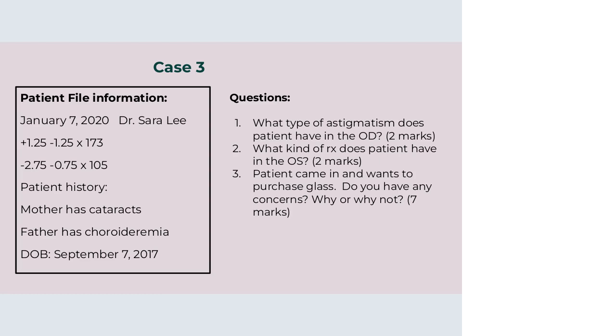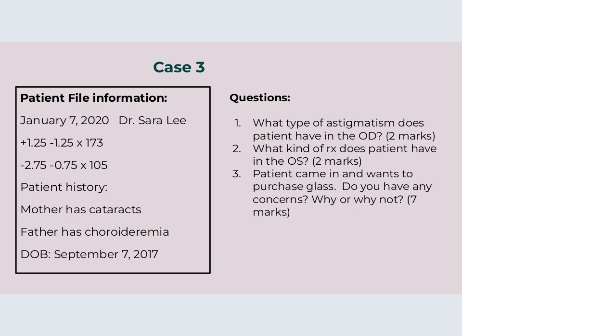So this child hasn't had an eye exam in the last 2 years. They're only 5 years old, which means when they had their last eye exam, they were 3, which was before they would have started school, more than likely. So we want to make sure that we're protecting their eyes for amblyopia.